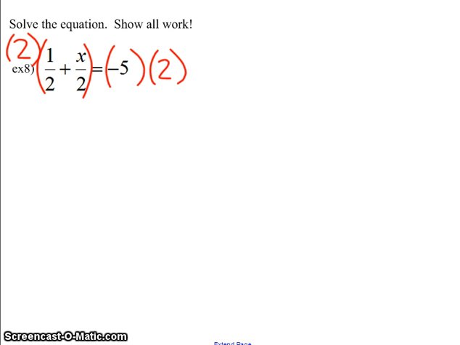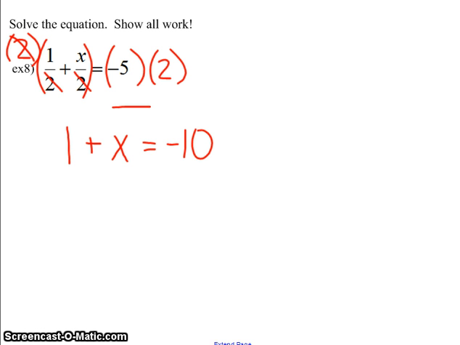Doing so, 2 times 1/2, that's just 1. 2 times x over 2, the 2's are going to cross cancel again, similar to the last problem. So those will all cancel, and we're left with a 1 plus x. Negative 5 times 2, negative 10. The nice part of doing this trick is both of these equations have the exact same answer.